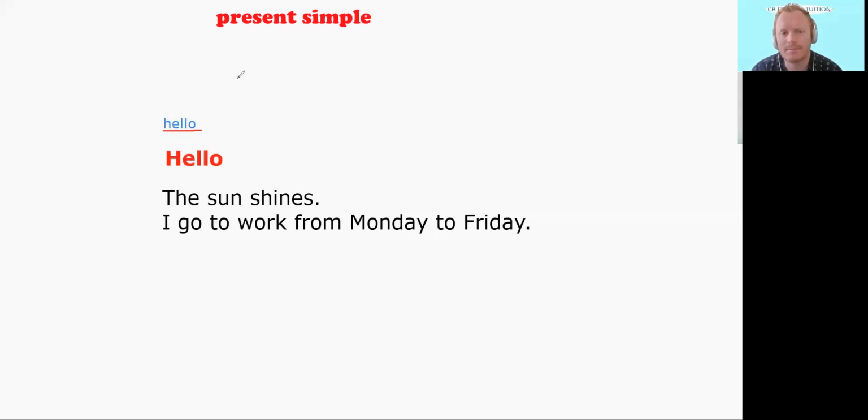We add letter S to the end of the verb. And when the sentence is negative, we use the auxiliary verb after the subject. For example, I don't like singing, and she doesn't like gardening.